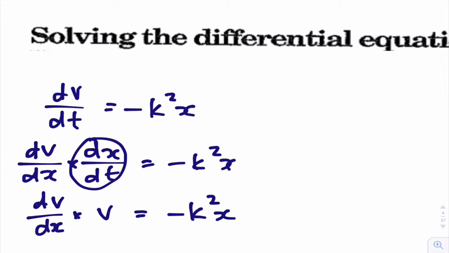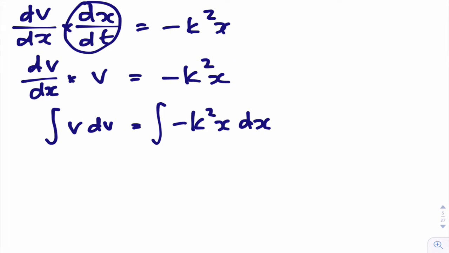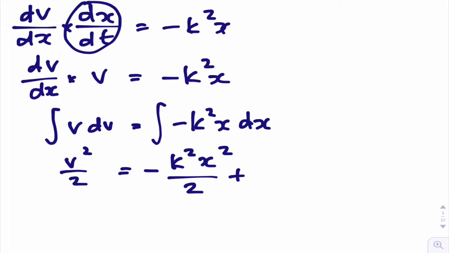Now we're going to separate the variables and integrate. I'm going to leave the v with the dv, so v dv equals negative k squared x dx. Over on the left hand side we've got v squared over 2, and over here we've got negative k squared x squared over 2 plus c. The amplitude we normally say is A, the range of the motion.